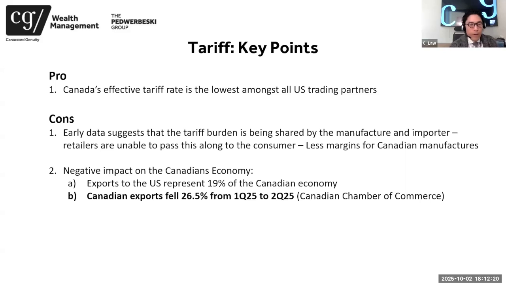If you think of a company either in China or Canada that's trying to export to the US, they're having to reduce their cost, or the person that's importing it is eating it, meaning less margins for them. So right now in the US, the actual consumer is not really feeling the effects of the tariffs yet.